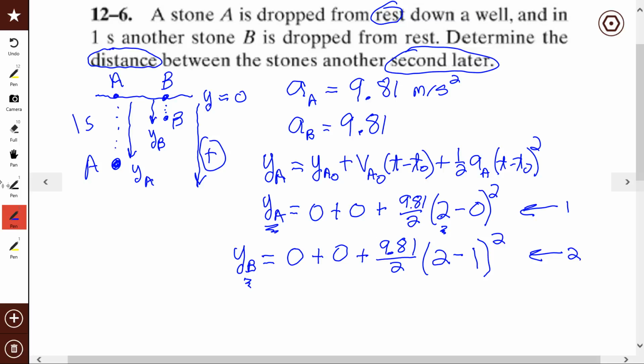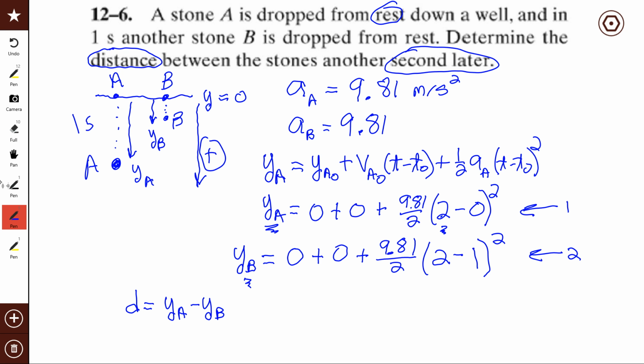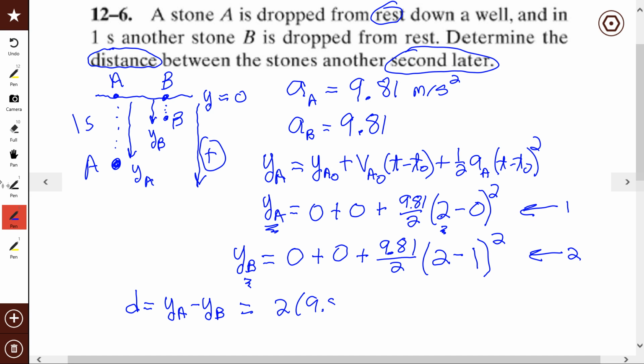So for the distance between them, all I have to do is say the distance between them is equal to wherever A is, and subtract B. You can use your calculator and get these values. So that would be 9.81 divided by 2 times 2 squared, which would be 2 times 9.81.